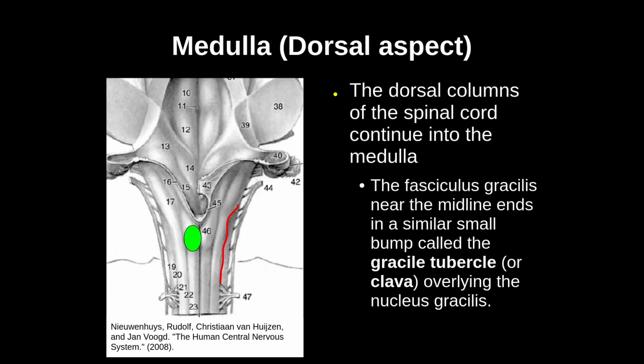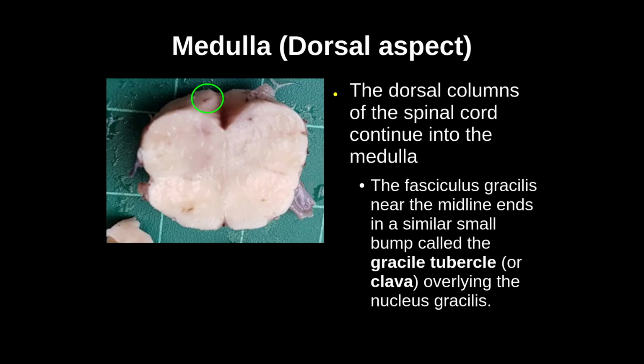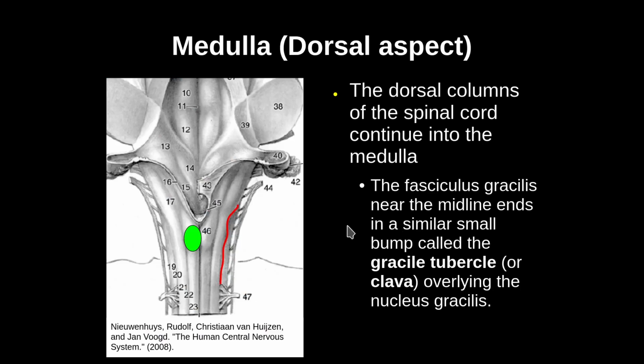While I'm here, I failed to mention those bumps, no, at the back of the medulla. I mentioned it in the cross section. The nucleus gracilis is where the terminations of those fibers for light touch, pressure, and vibration end in the lower medulla before they give rise to the medial lemniscus.